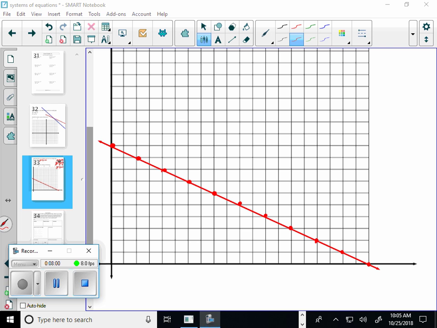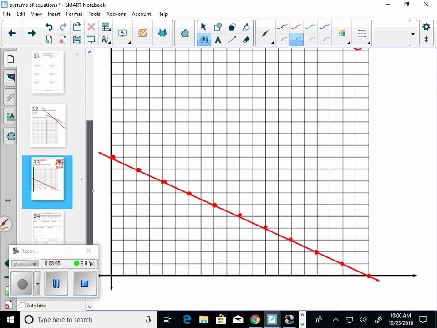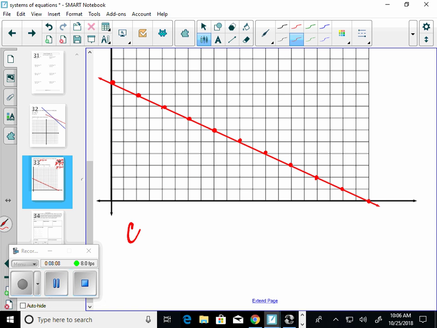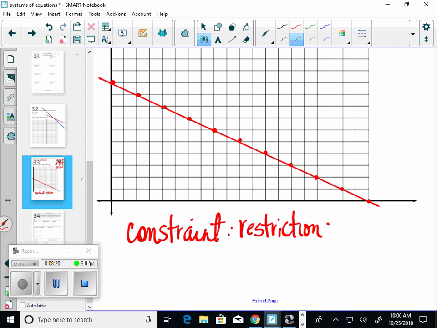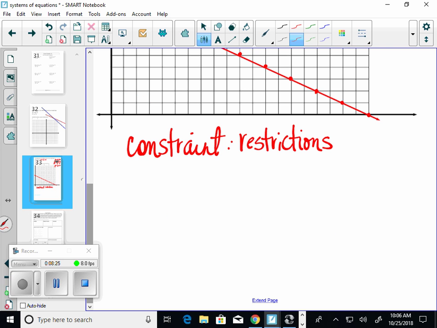I'm looking to get a feasible region. So let's talk about that word. I know I have the word constraint. Constraint basically means to restrict. So I'm going to have some constraints on whatever the problem is, whether it's the amount of snow blowers I can produce or the number of cotton seeds I will be able to procure.